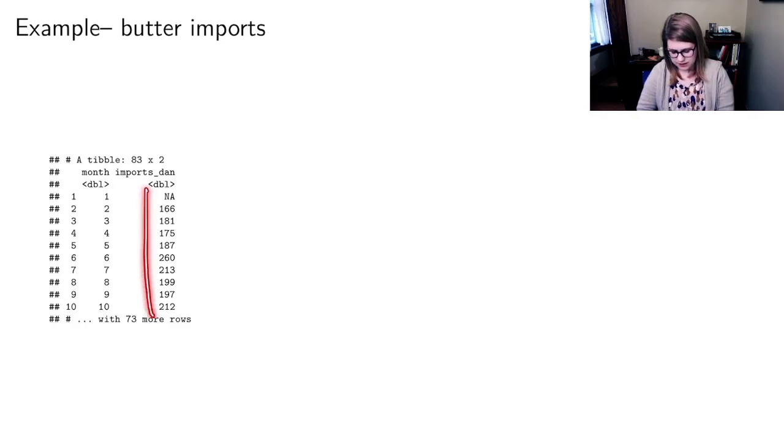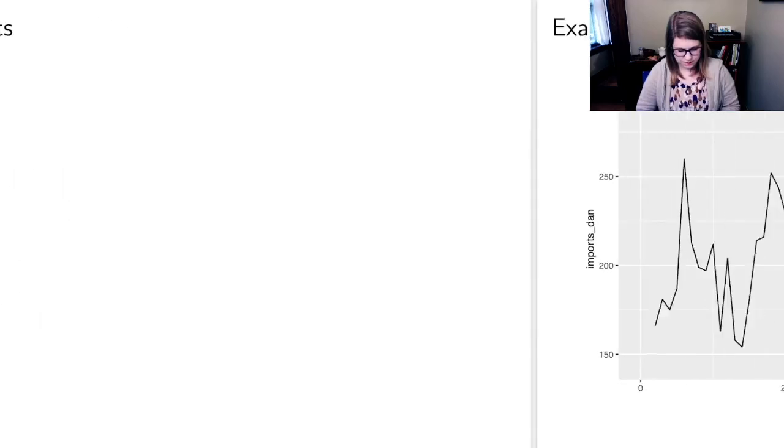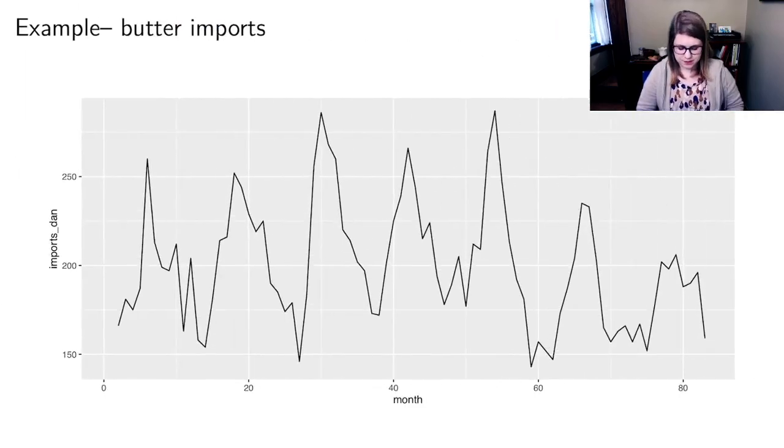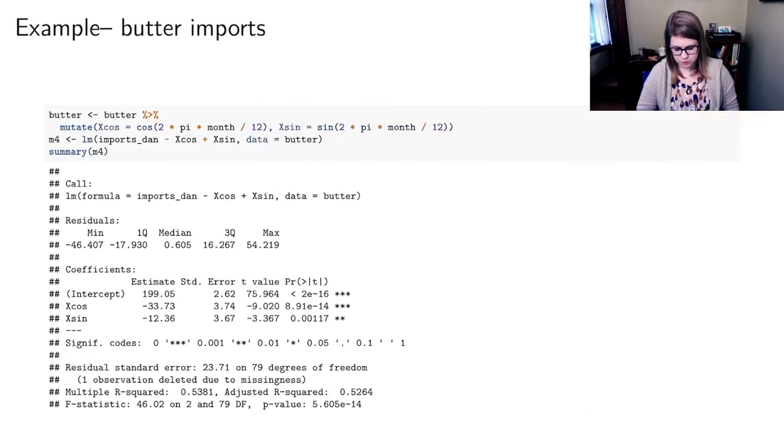And so I've got data on how much butter was imported. Not sure what the units on that variable are. But if we look at the time series plot of the butter imports, there's clearly some periodicity here. So that looks like something that a cosine model might do a nice job of modeling.